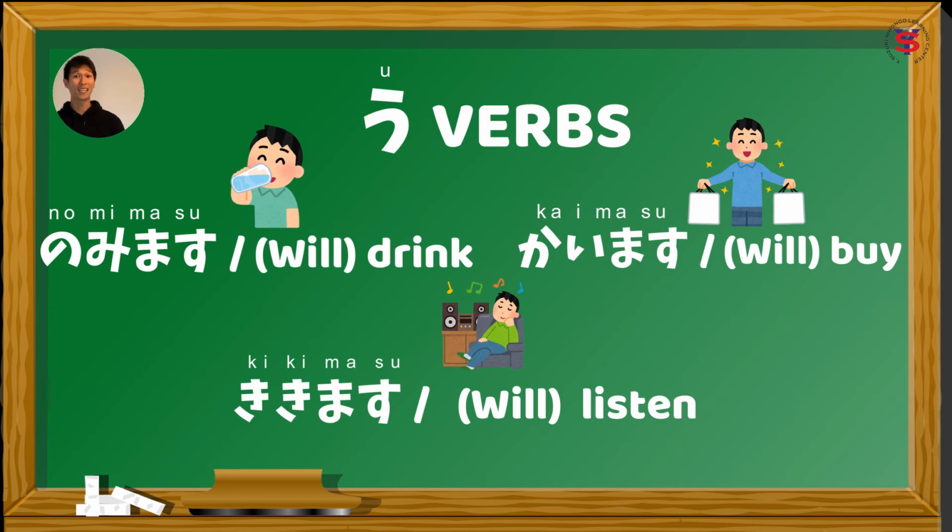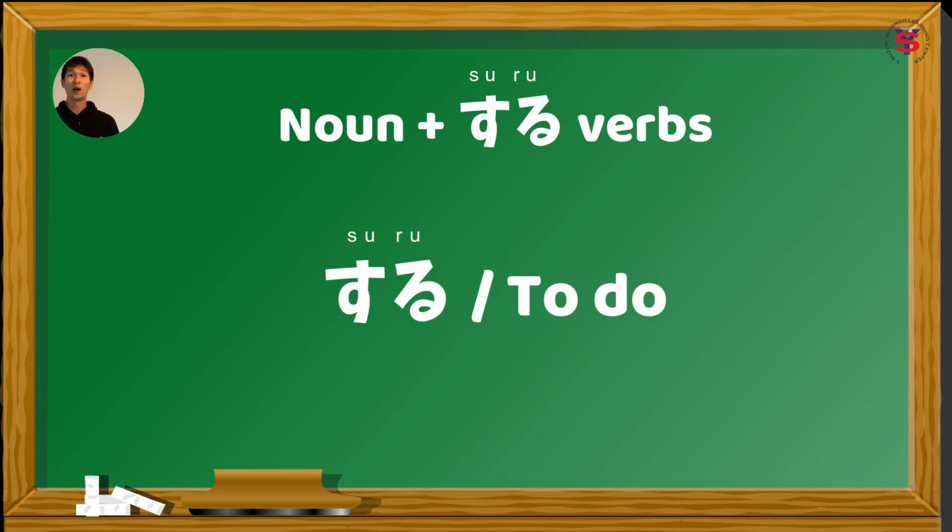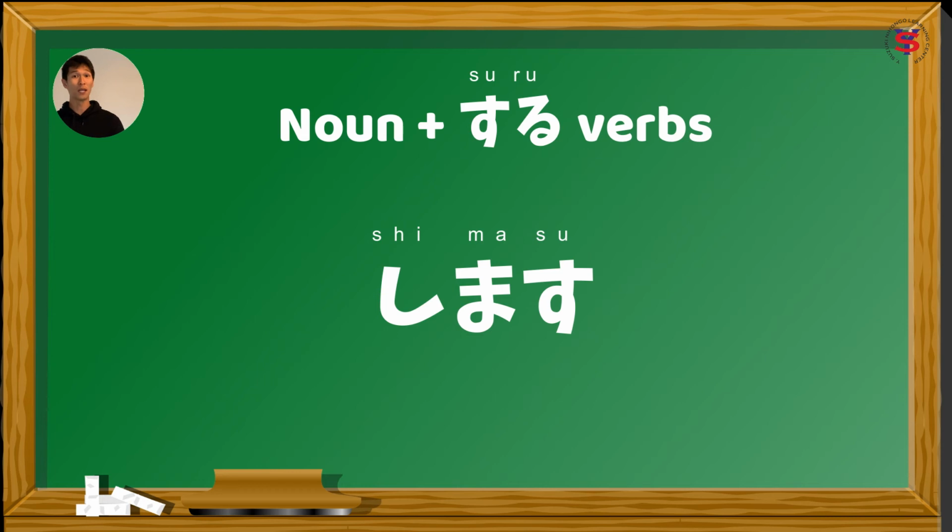So, maliban sa ating ru at u verbs, we have the noun plus suru verbs. So basically, what that means is, pwede tayong gumawa ng verbs pag dinugtungan natin ang mga nouns natin sa ending na suru. Sa English, suru means to do. So a little bit easier siguro si noun plus suru. All we have to do is remove suru, tapos papalitan natin siya ng shimasu. Pwede natin i-apply ito sa kahit anong noun plus suru verbs.